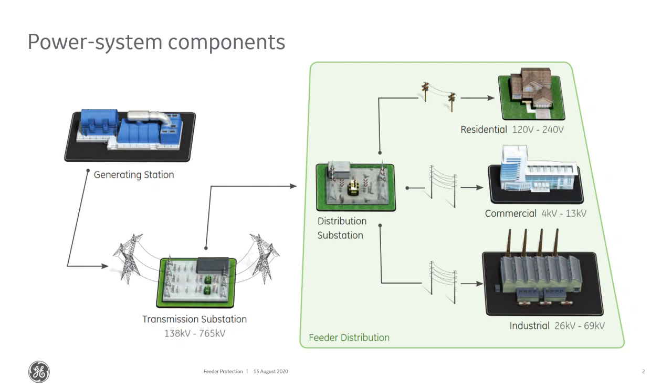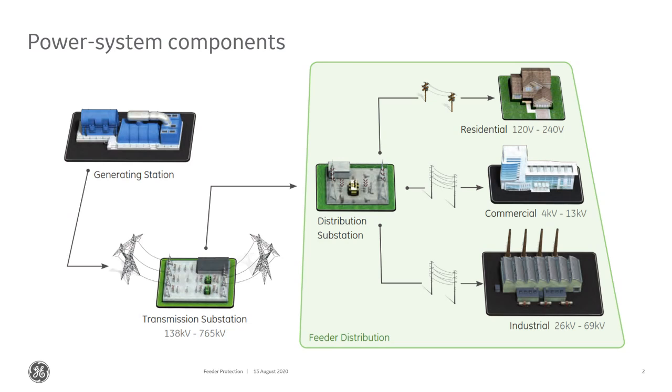To reduce the losses, we step it up to high voltages because of I squared R losses. If we step up our voltage, we decrease our current, so we decrease the I squared portion of the loss calculation. Then, when it gets close to our load, it gets stepped back down at what we refer to as our distribution stations, which then step it down further to travel to where the power is needed, whether it's an industrial, commercial, or residential facility.